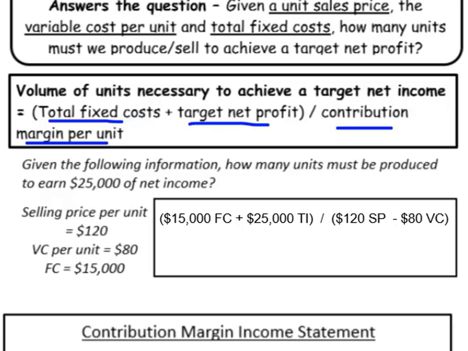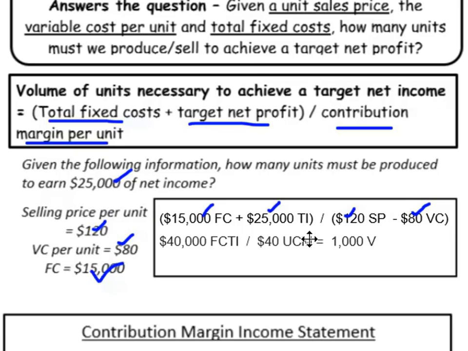We take our $15,000 of fixed cost. We have a target net income of $25,000. So those two items have to be covered by our unit contribution margin, which is calculated as our selling price of $120 minus our variable cost of $80 per unit.